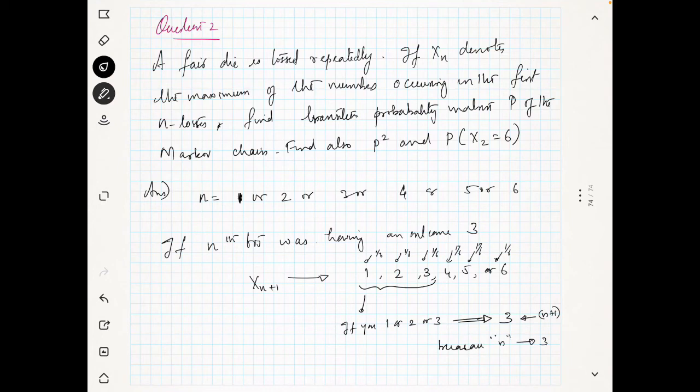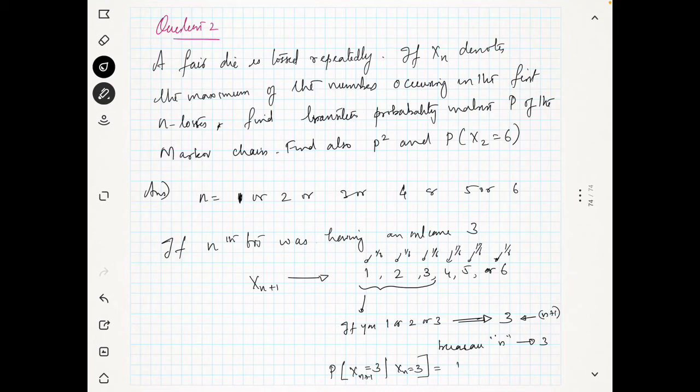So the probability that you choose the value 3 in the n plus 1th time instant, given that in the nth time step it was 3, is nothing but, even if you get 1 or 2 or 3, you may choose 3.